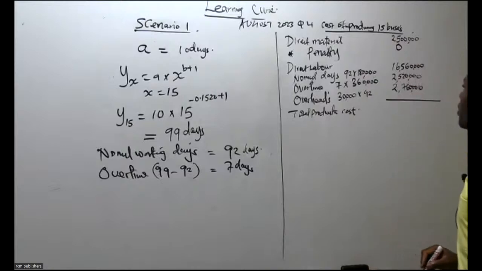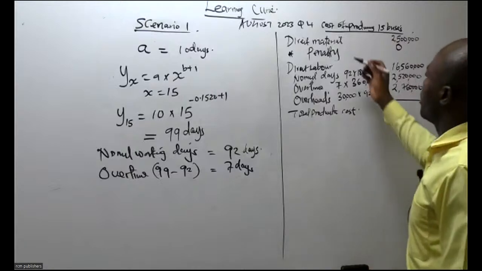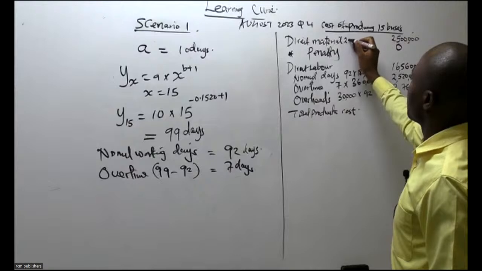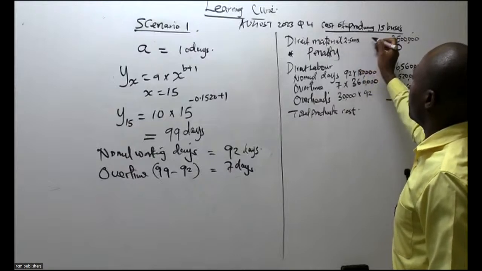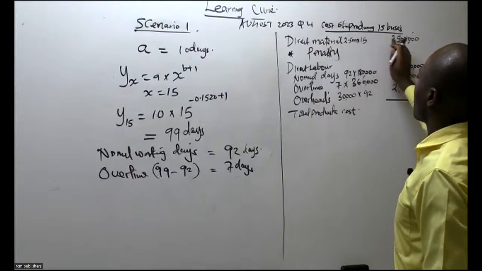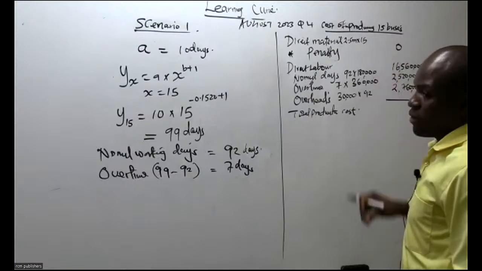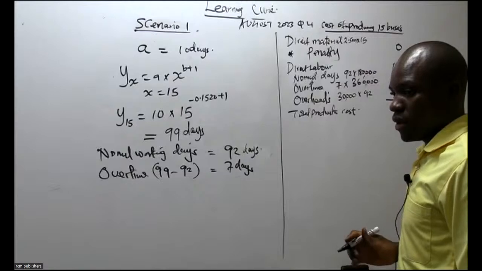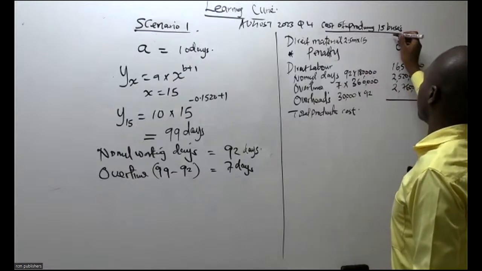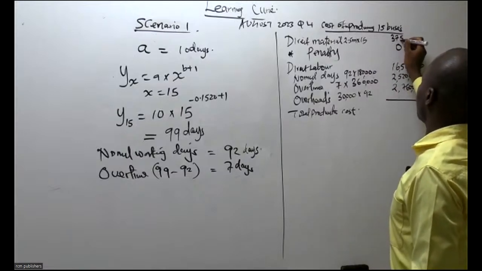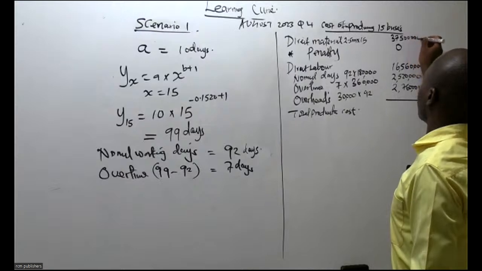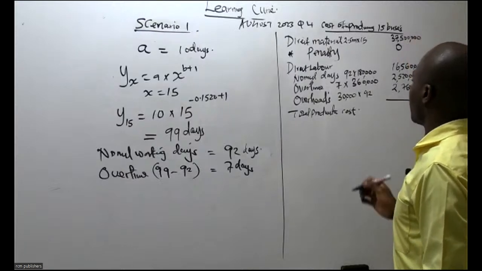Oh, well. Thank you. It is 2.5 million for each bus and there are 15 buses. So what will we have here? Thank you for that. 37,500,000. So you have to be keen on that.